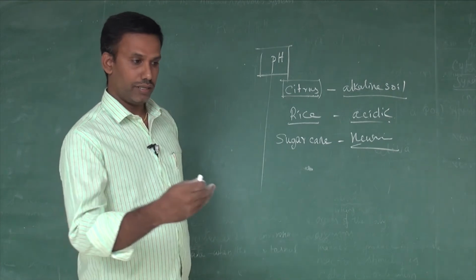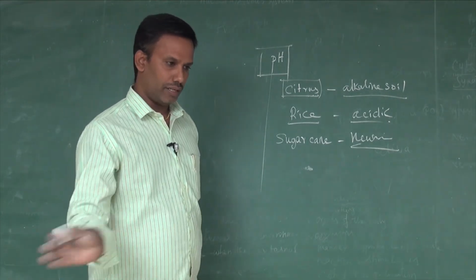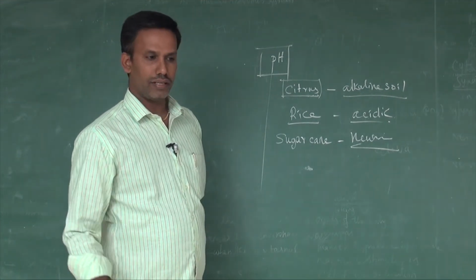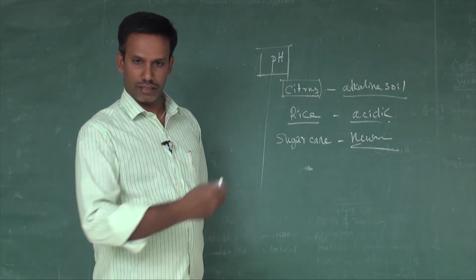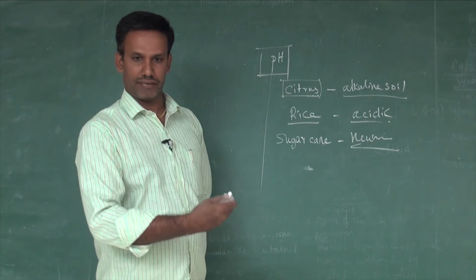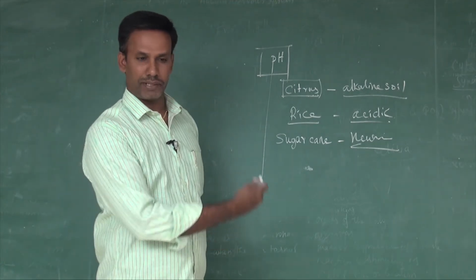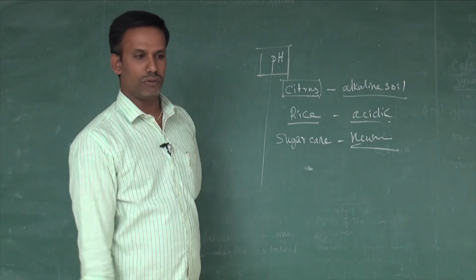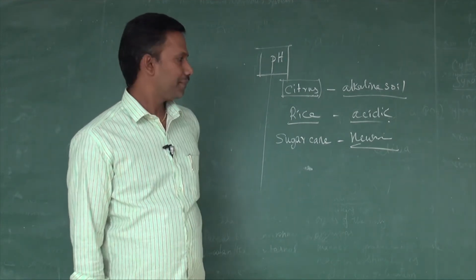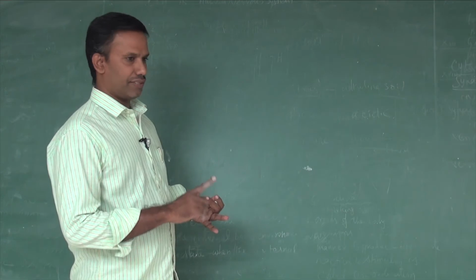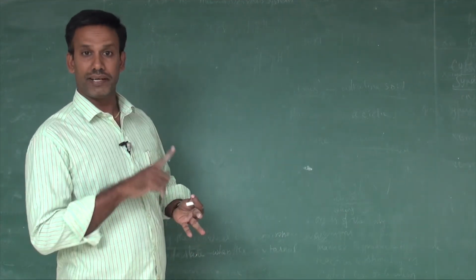Whenever you go and test your soil in your agriculture field, the experts will say which crop is apt for planting, and if you plant that, you will get more yield.